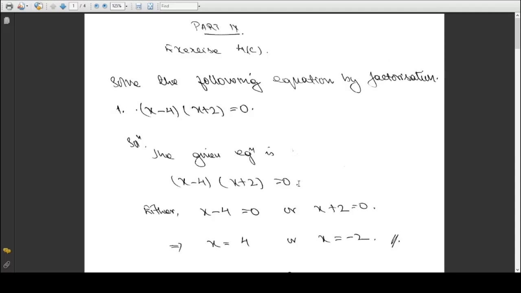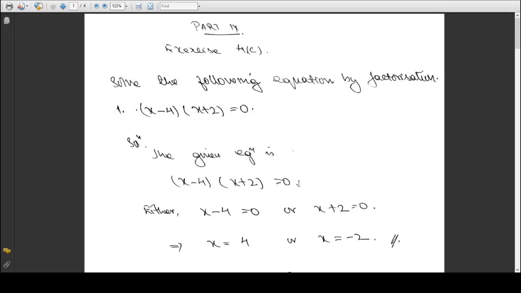Or if both of them are 0, the product will be 0. 0 multiply 0 is 0. This means if the product of two numbers is 0, then either one of them is 0, or the other number is 0, or both of them are 0. Three conditions arise out of this.